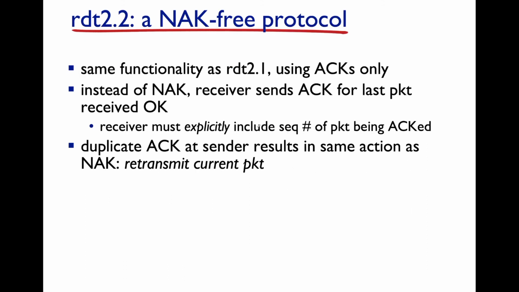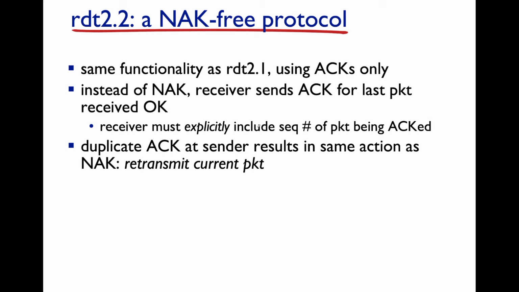And so let's expand on RDT 2.1 and define RDT 2.2, and this is a so-called NACK-free protocol. It's the same function as RDT 2.1, but we're going to use ACKs only and just eliminate NACKs altogether. And instead of a NACK, what we're going to do is the receiver is going to send an ACK for the last packet it successfully received.